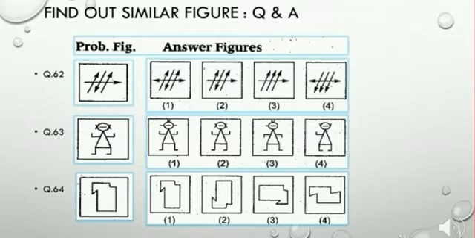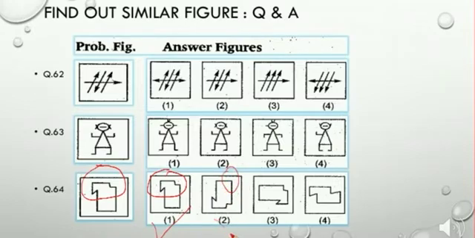Let's go to the next question, question number 64. Let's check for this portion. Let's check whether this portion is available in option 1. Yes, this is exactly the same as the problem figure. Let's check this in option 2.